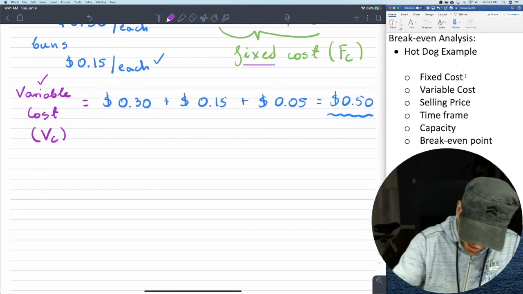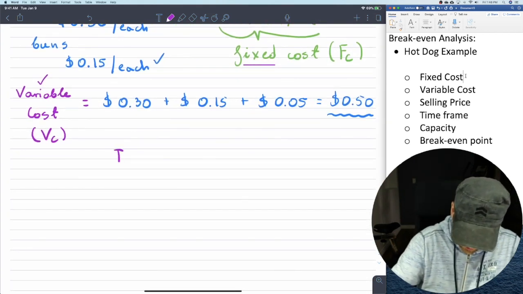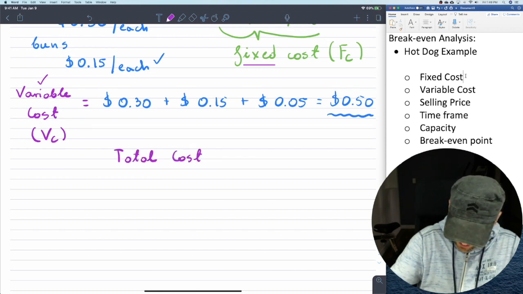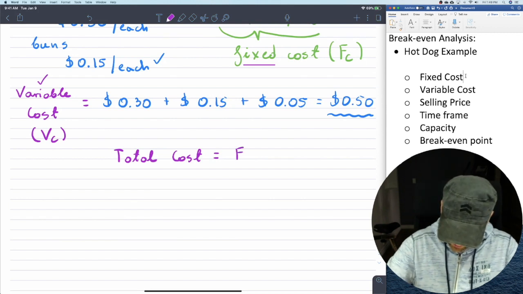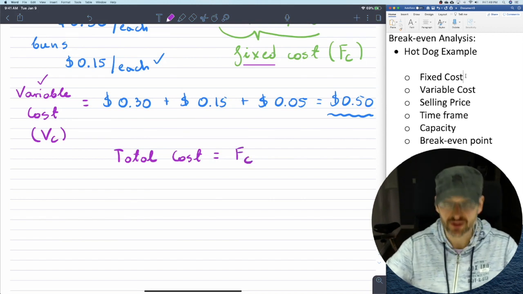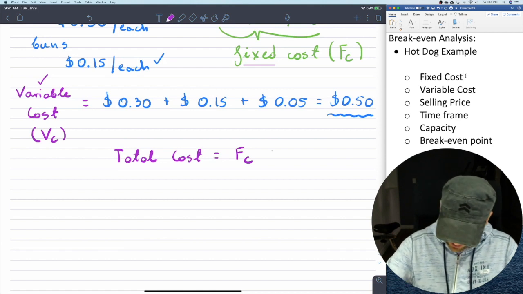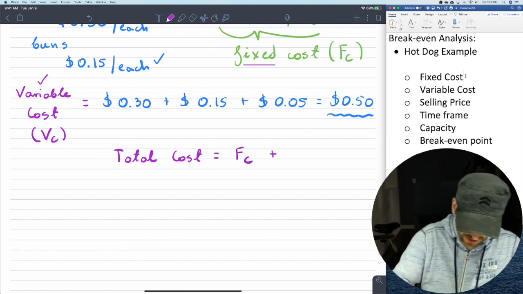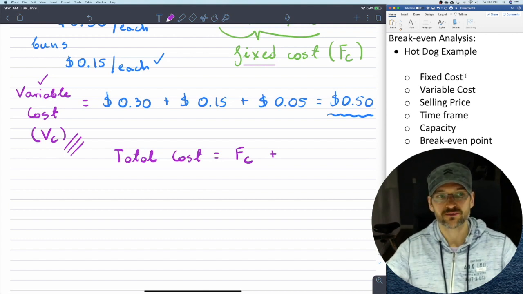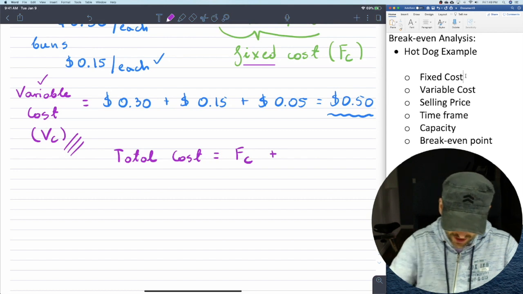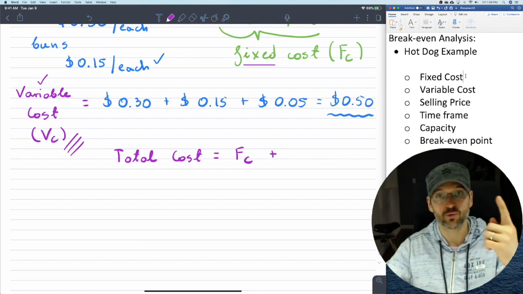So we're going to say that our total cost is equal to our fixed cost, which in this case was our $3,000, plus everything that we make in terms of our hot dogs, so all the variable costs. I can't say variable cost VC because that's just per one.